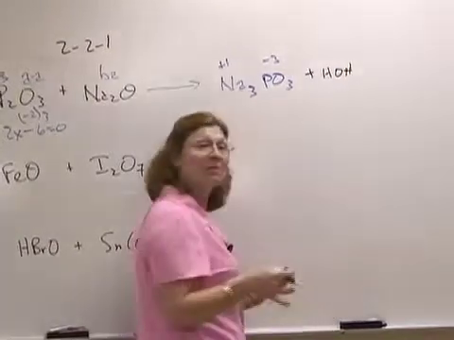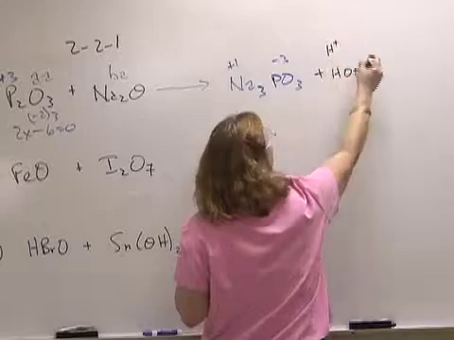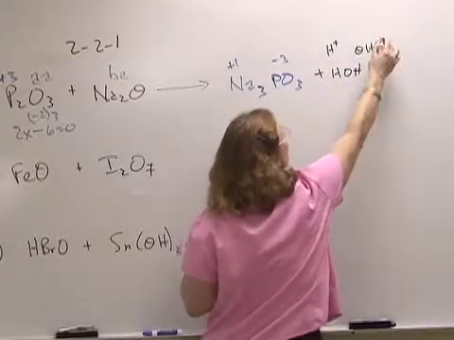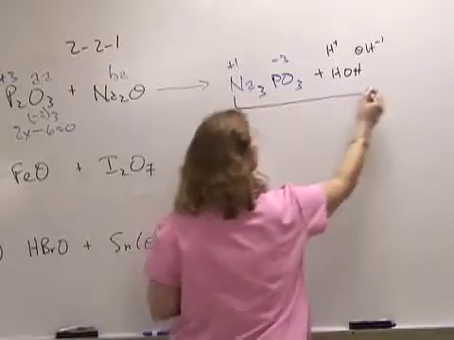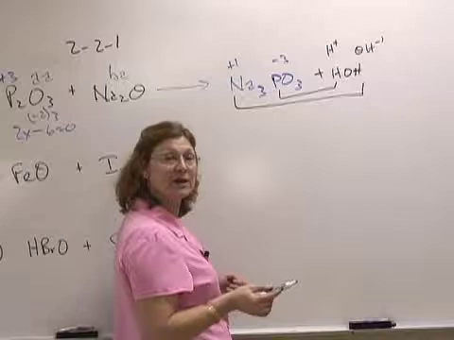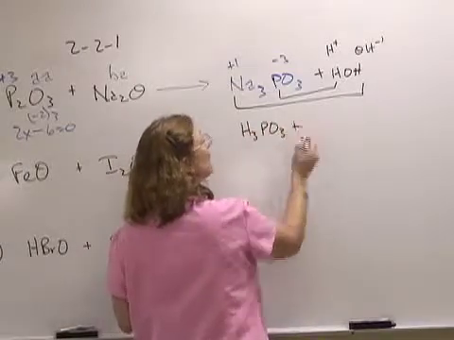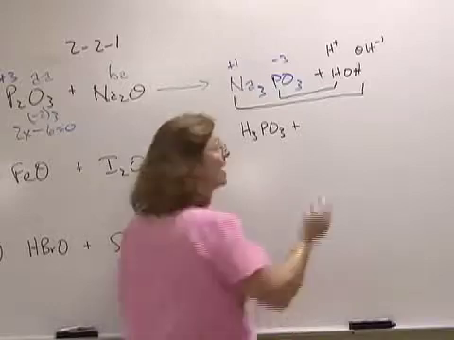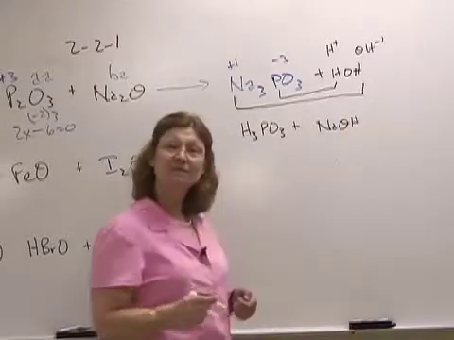That way it reminds me that hydrogen is my ion that forms the acid and hydroxide is the ion that forms my base. And they do the do-si-do. Phosphite is -3, so it must have 3 hydrogens. And sodium is +1, and hydroxide is -1, so I just write it as NaOH.